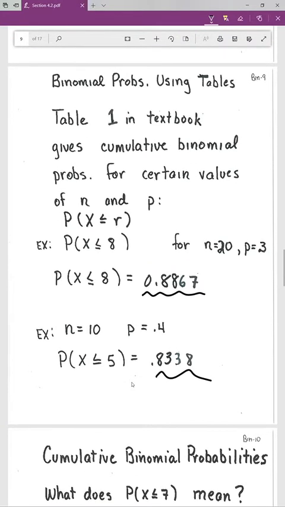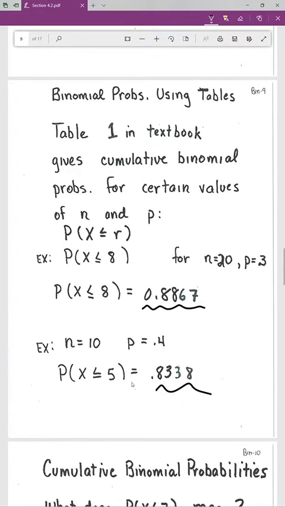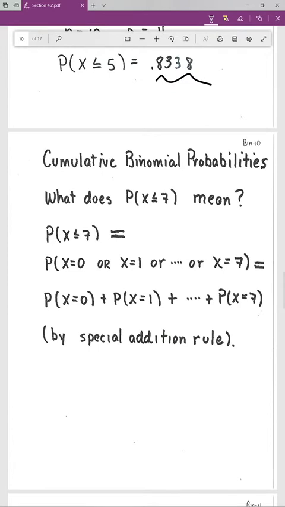This is just a faster way of using our binomial formula, because what does, say, the probability of x less than or equal to 7 really mean? It's the probability of x equal to 0, or x equals 1, or x equals 2, all the way to x equals 7.